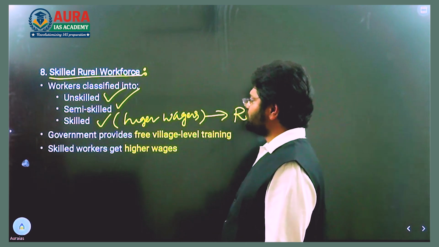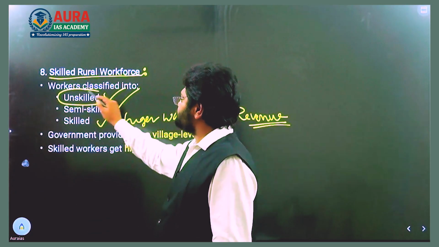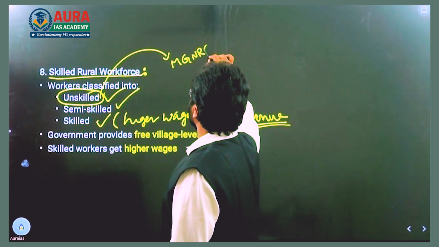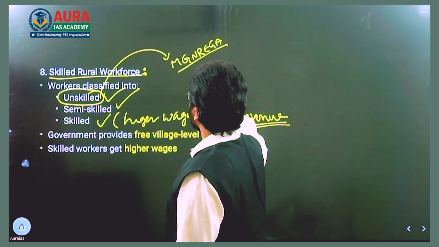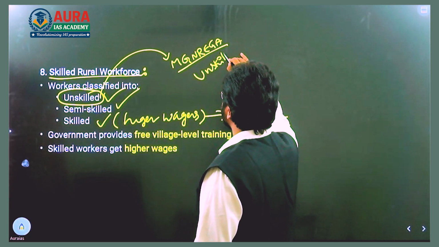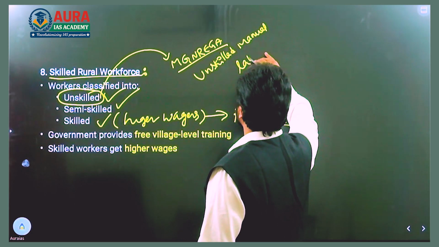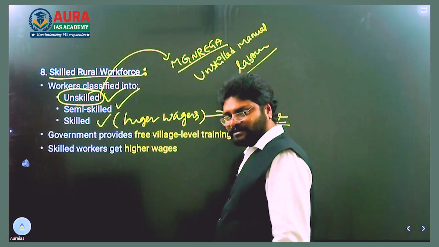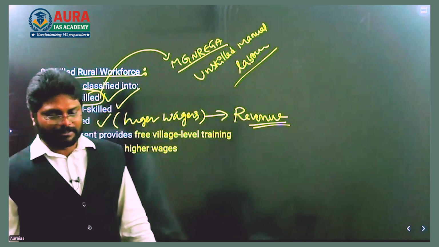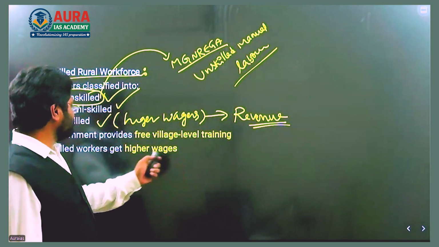So MGNREGA is only for unskilled manual labor work, whether they create assets or not. But here, by bringing in skilled and semi-skilled people, they must create revenue-generating assets. So this is the major difference.